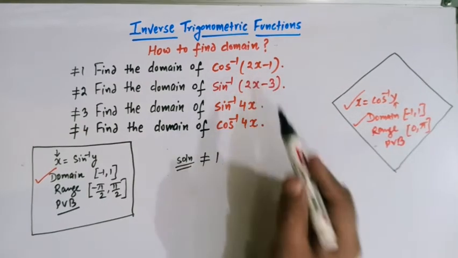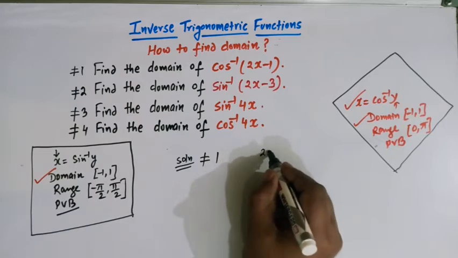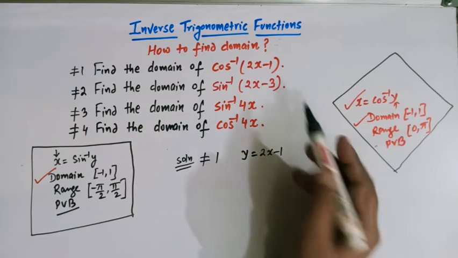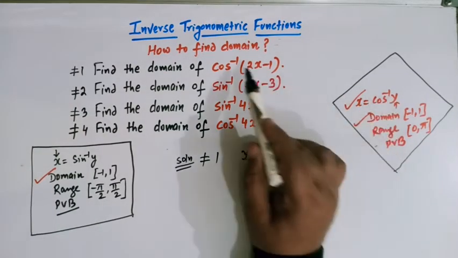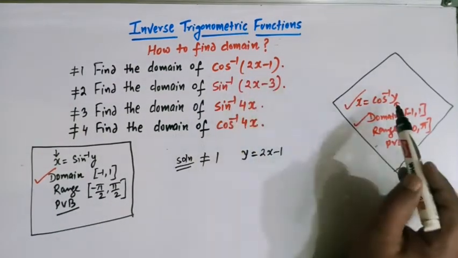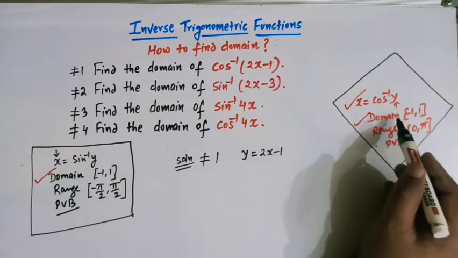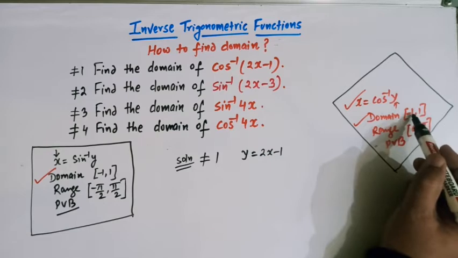So if I compare this cos inverse (2x minus 1) with this, then y is 2x minus 1, and the domain is -1 to 1.